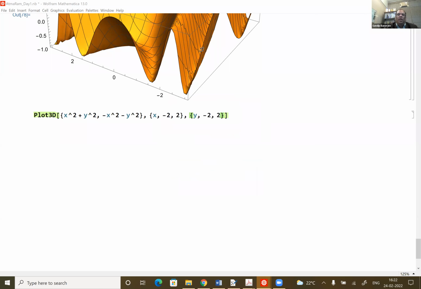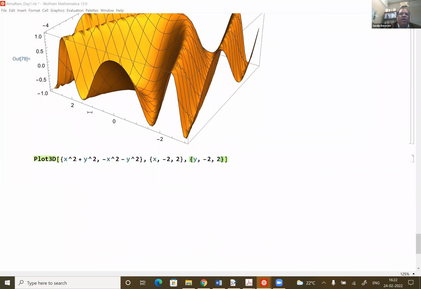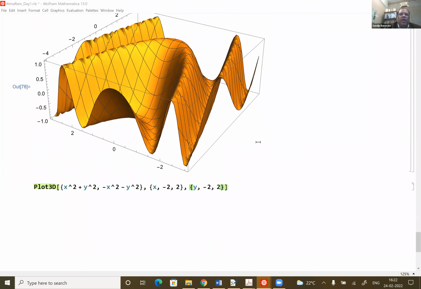Okay, query. No. Okay, let me just check with x, y, z. So here I've assumed that say z equal to this thing. Let me quickly check that.